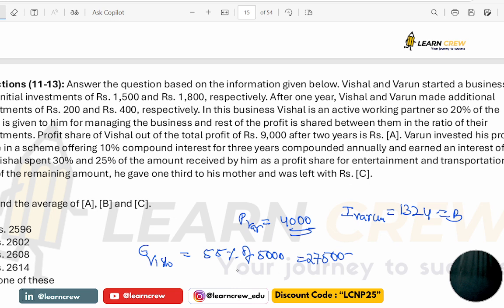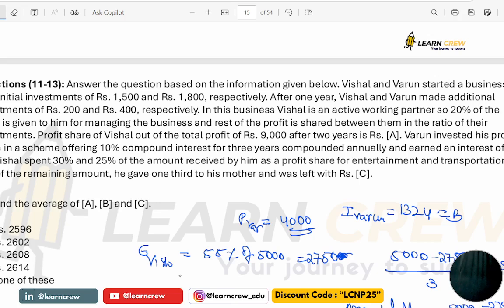Okay. So amount given by Vishal to mother. The remaining amount is 5,000 minus 2750, divided by 3, which is 750. The amount left is 5,000 minus 2750 minus 750, which is 1,500.